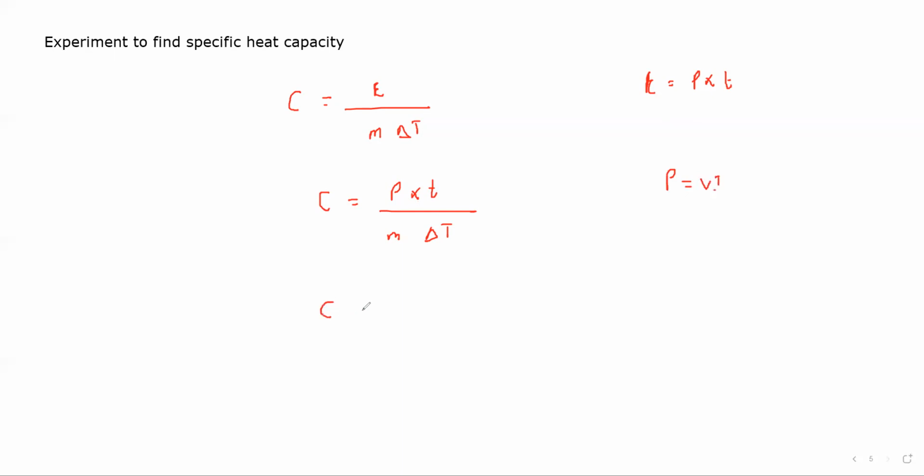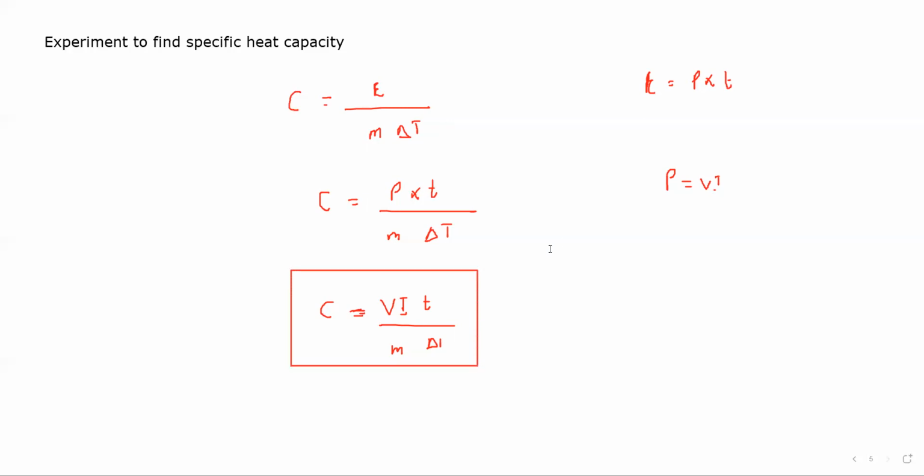So practically we need voltage, we need current, we need how much time the heater is switched on, what is the mass, and the temperature change. To calculate a temperature change, we measure the initial and final temperature.